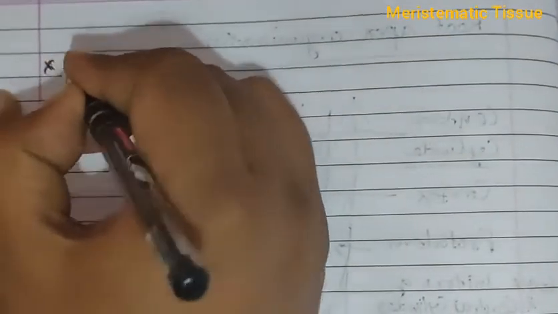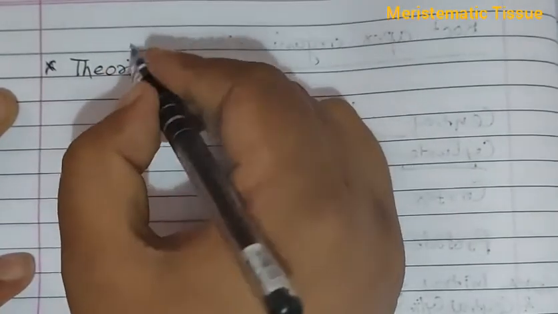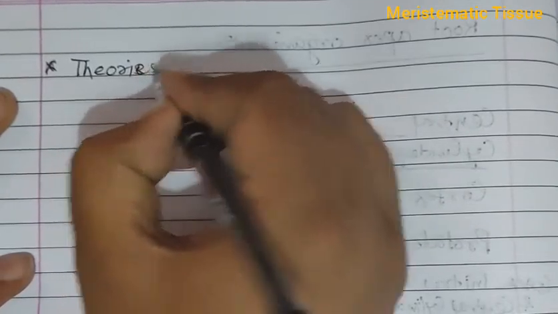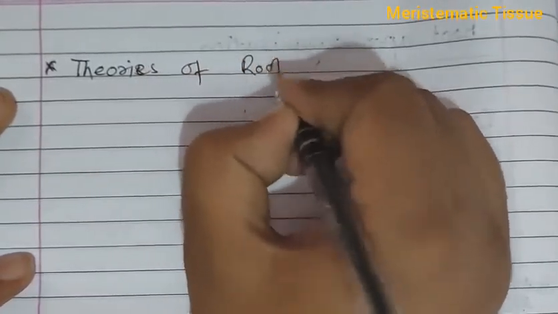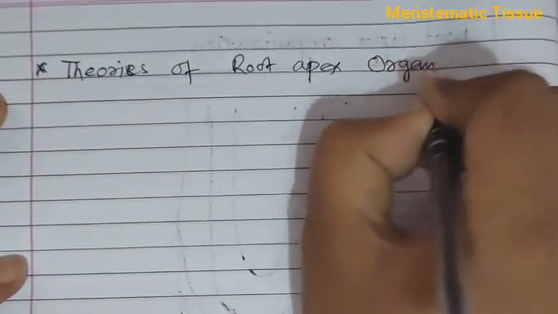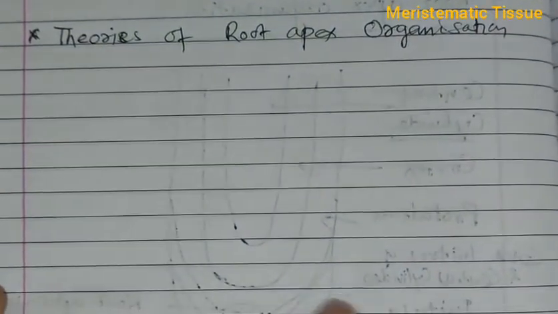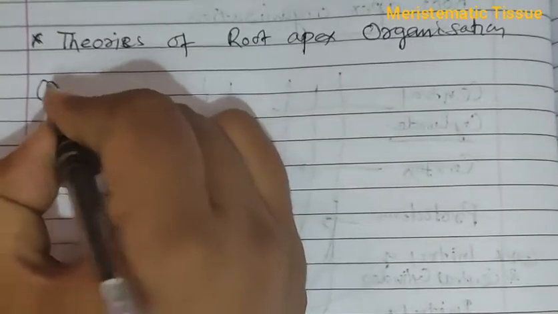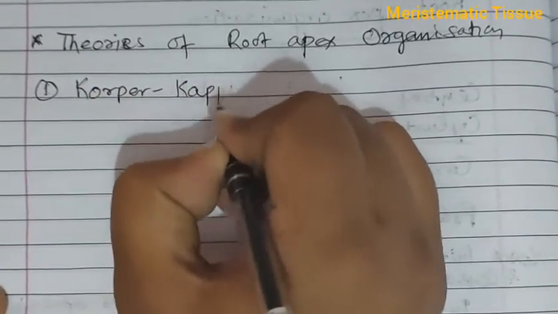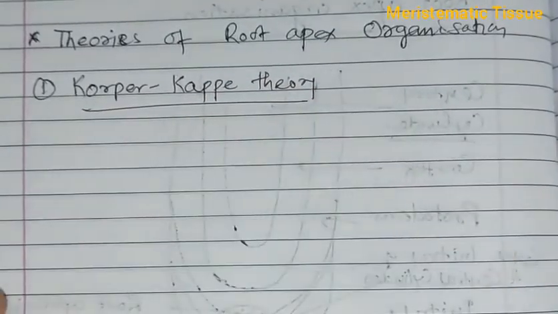So next is theories of root apex organization. Now when we talk about the theories of root apex organization, the first theory which we discuss is the Korper-Kappa theory.